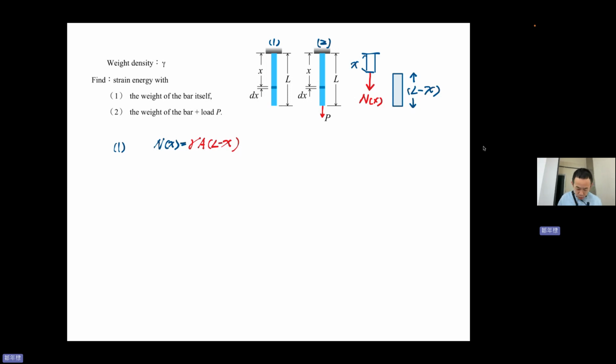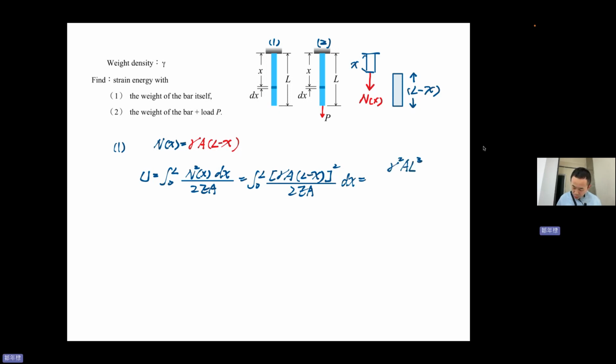The first one, U equal to integral from 0 to L of N(x) squared over 2EA dx, equal to integral from 0 to L of (gamma A (L minus x)) squared over 2EA dx, equal to gamma squared A L cubed over 6E.